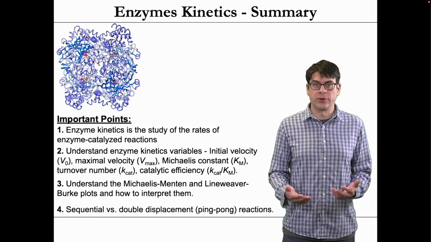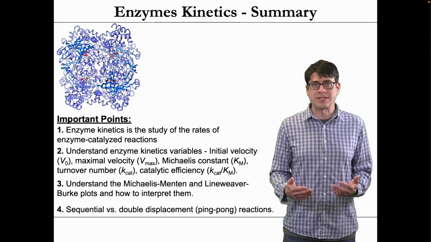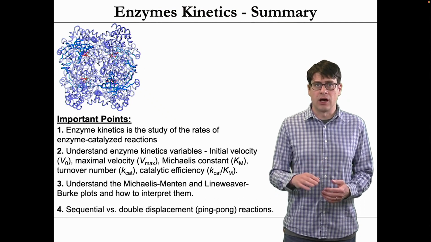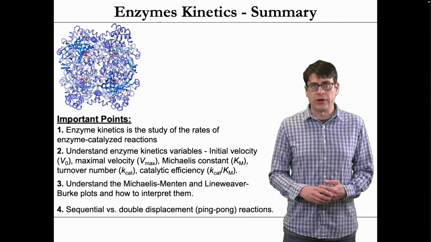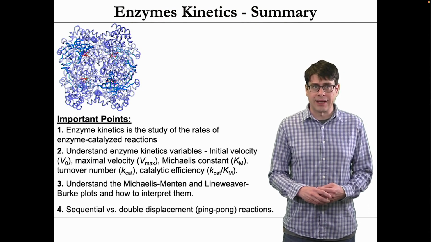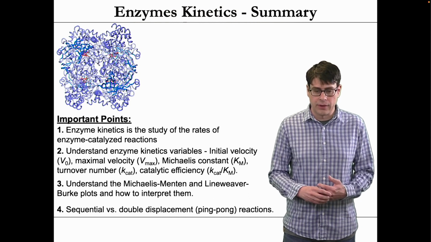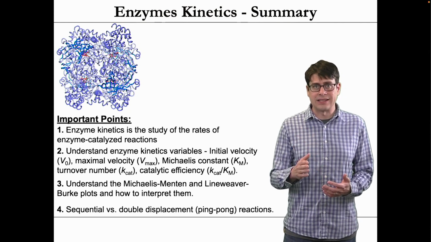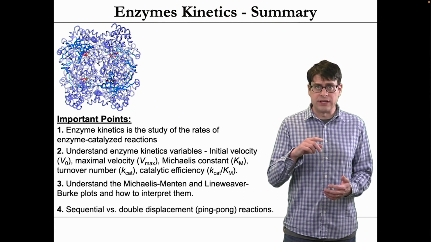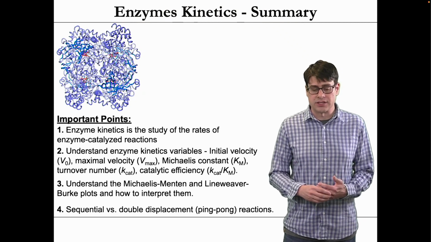All right, so you've made it through enzyme kinetics, and I hope you all have a much better understanding of how scientists measure the activity of enzyme catalyzed reactions. We went over several variables associated with enzyme kinetics, and you're going to need to understand all of these different concepts for the exam. You need to know that enzyme rates are measured using a constant concentration of the enzyme, and then the initial velocity, V sub 0, is measured against an increasing substrate concentration.